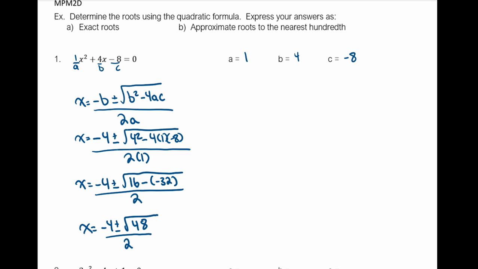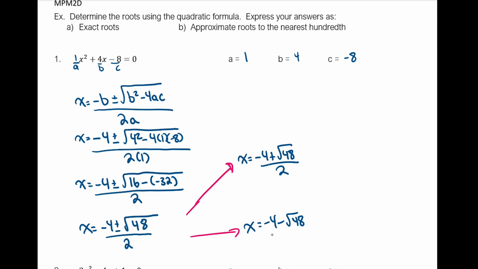Once we've simplified everything, this is where we can split off into our two different solutions. One, x equals -4 plus the square root of 48 divided by 2. And the other, x equals -4 minus the square root of 48 divided by 2.